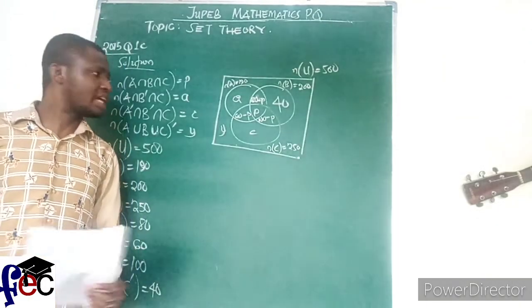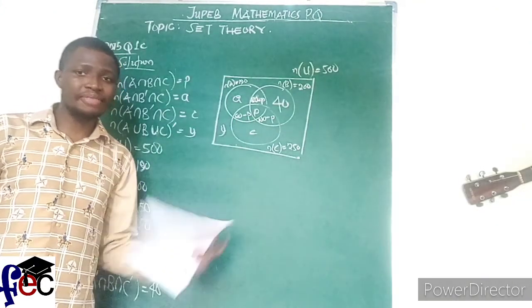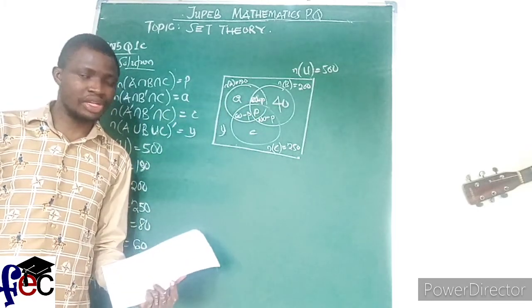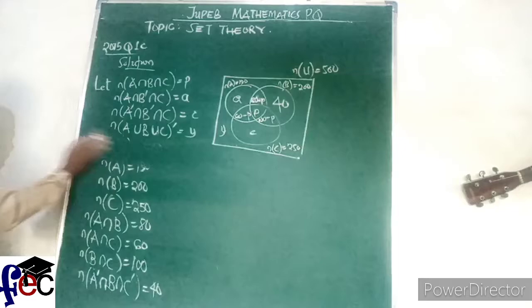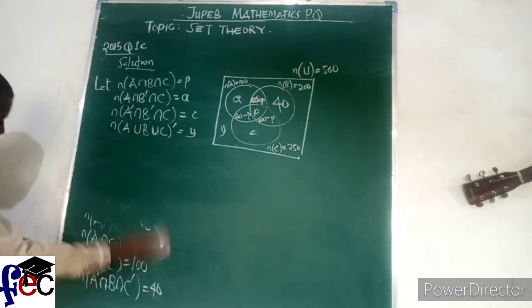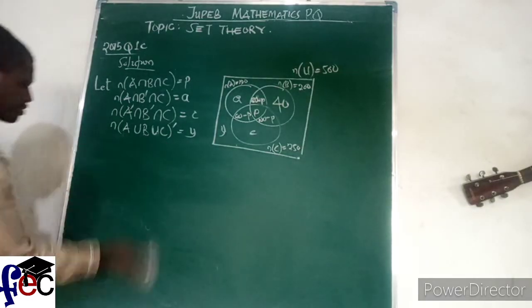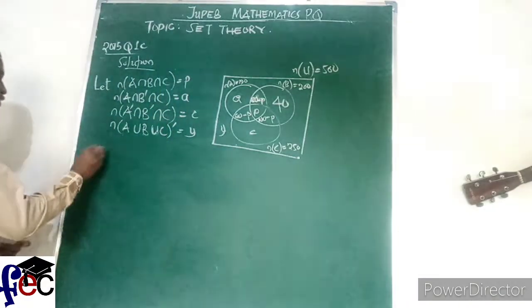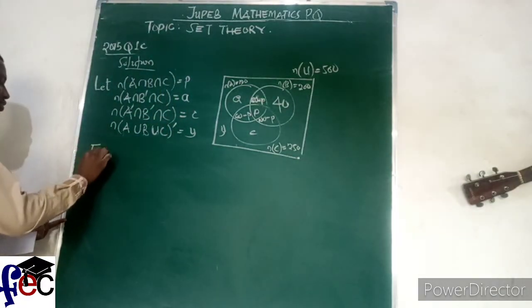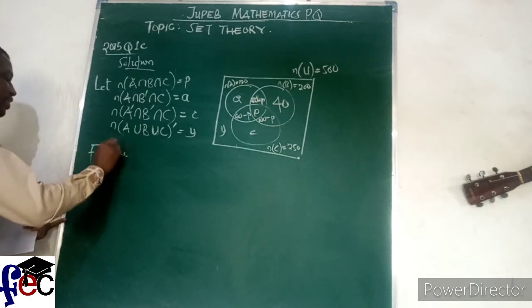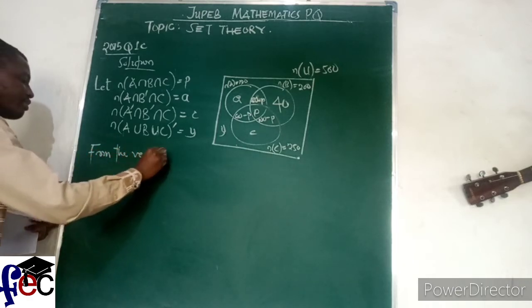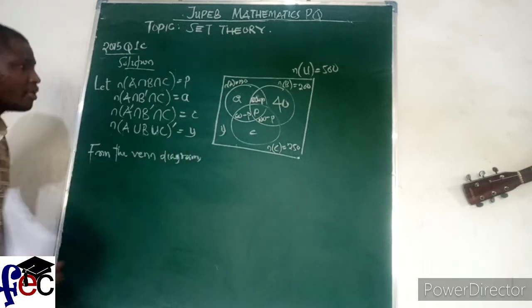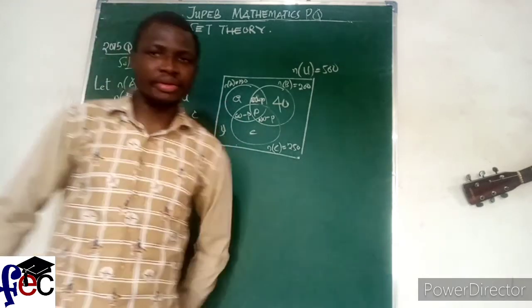My next line of action is to provide values for these letters that have been introduced. Okay? So permit me to rub this out now. Okay, so from the Venn diagram, what can we take note of here?